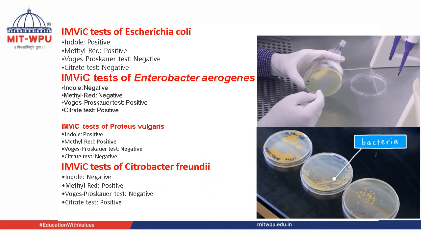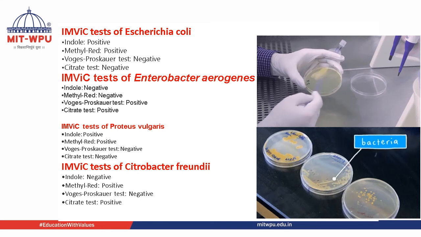So these are the different tests. If we talk briefly, for E. coli the IMViC tests are mostly positive for indole and methyl red, while the Voges-Proskauer, that is VP test, and citrate mostly show negative. For Enterobacter species, indole test is negative, methyl red negative, VP test positive and citrate positive for the Enterobacter aerogenes species. For Proteus vulgaris, indole test shows positive because indole forms.